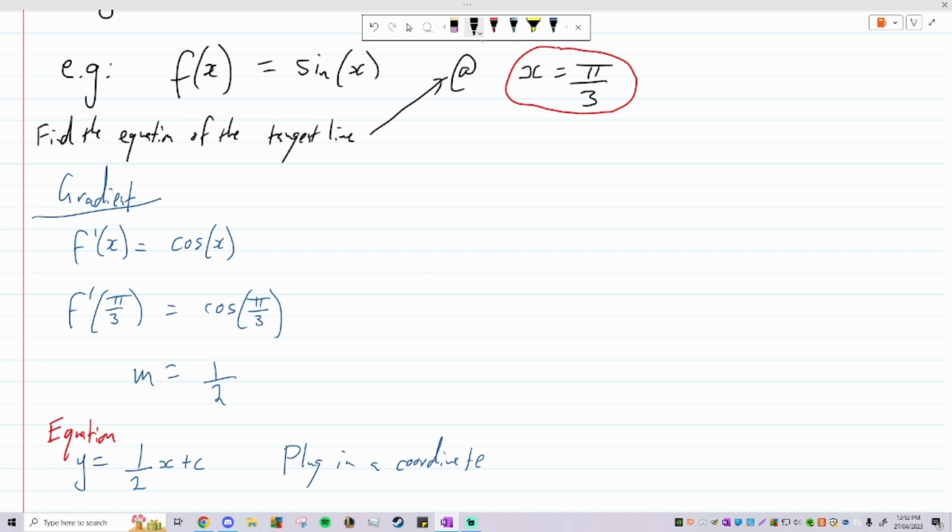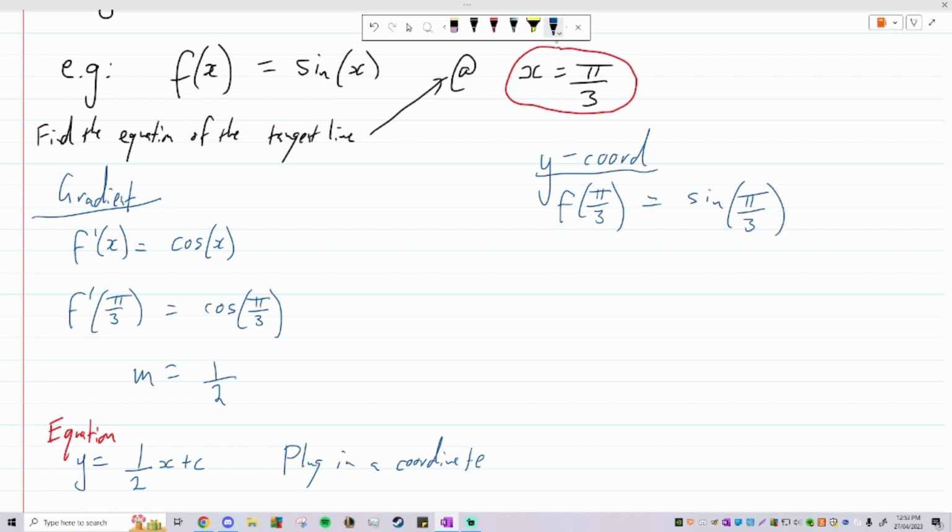Well, we still have f of x. So if I want the y coordinate, okay, I'm just going to do f of pi on 3. Okay, so I'm still just doing normal maths here. I'm simply plugging in the x coordinate to find me the y coordinate. Okay, so that's going to give me sine of pi on 3.